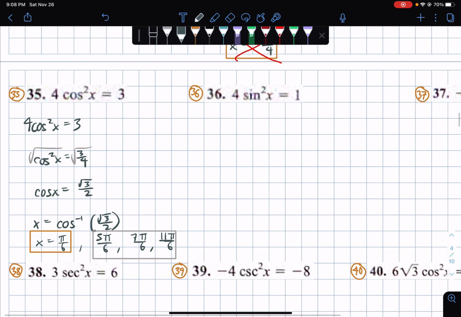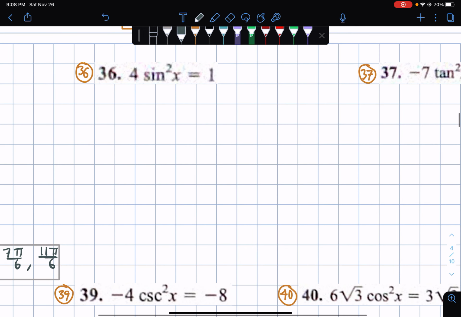Let's move to number 36. Square root of sine squared x is equal to the square root of 1 over 4. Okay, wait a minute. Sine squared x is equal to 1 over 4.